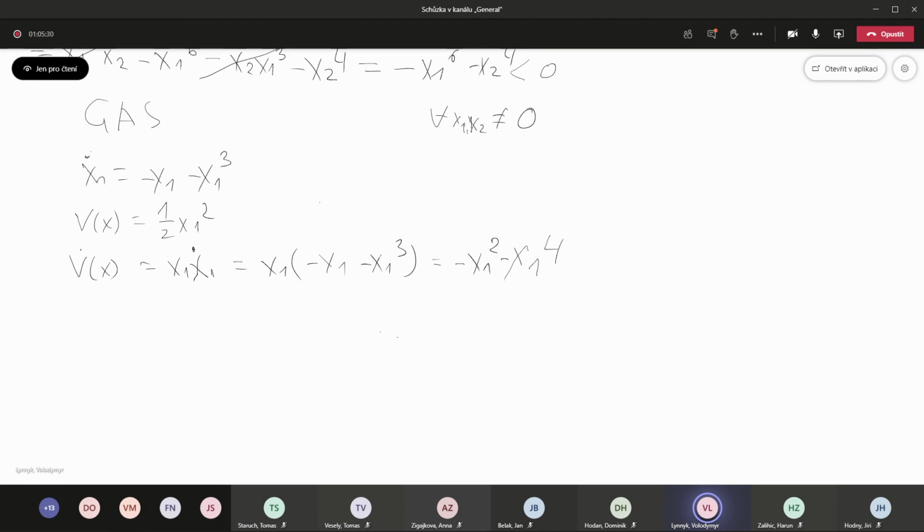We can conclude that this system is global asymptotically stable because this is less than 0 for all x1 not equal to 0.